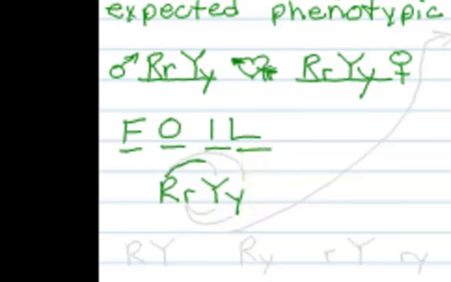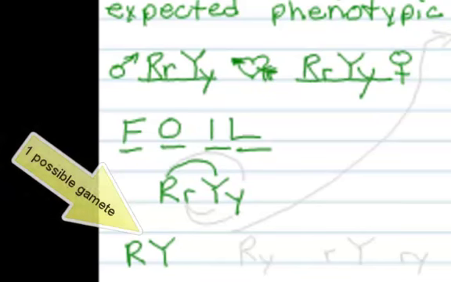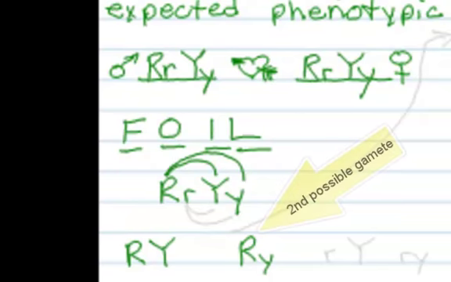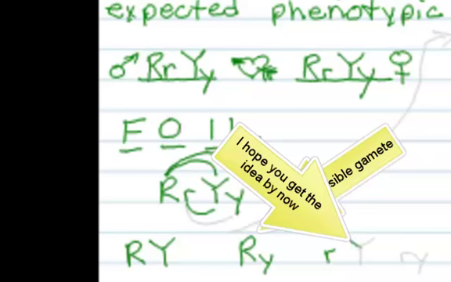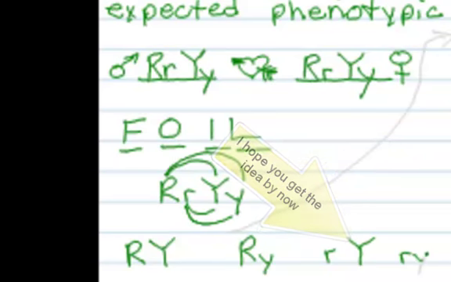You're going to take the first, and that's going to be big R, big Y. Then you're going to take the outside pair, which is big R, little y. Inside pair, little r, big Y. And last, little r, little y.